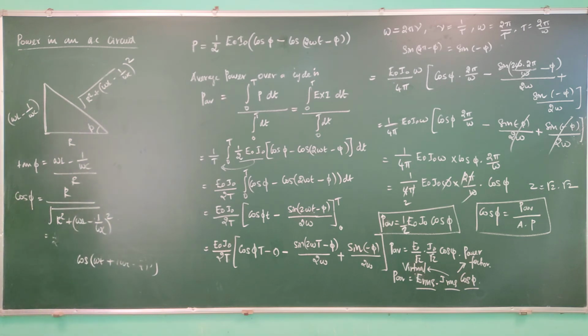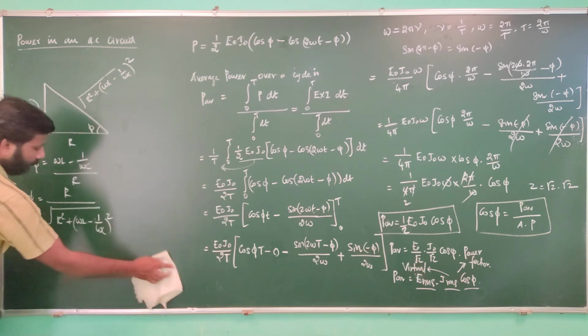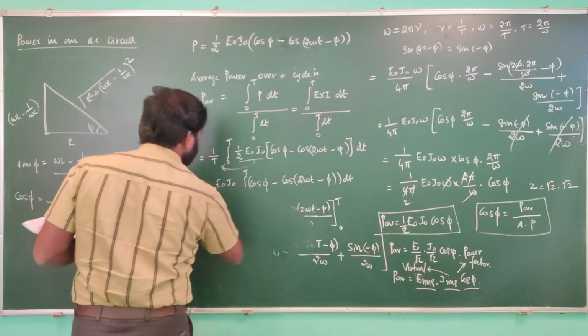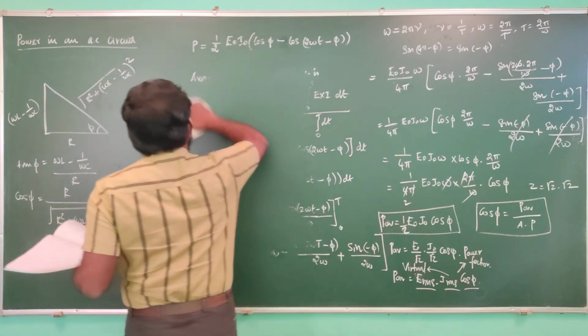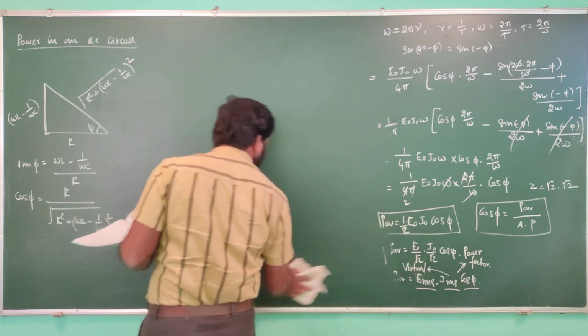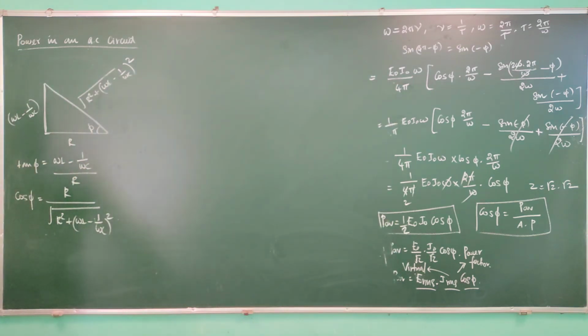This is how you can draw the diagram for an inductor, capacitor and resistor in a series circuit. We have a circuit consisting of a resistor, capacitor and inductor.